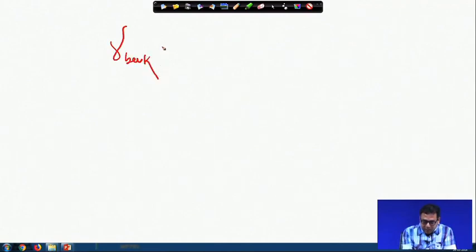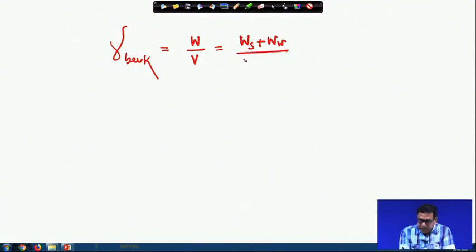So, gamma bulk is equal to total weight of soil divided by the total volume of soil. Now, the total weight we can write as weight of solid plus weight of water, and the volume as V s plus V v, volume of solid plus volume of voids.